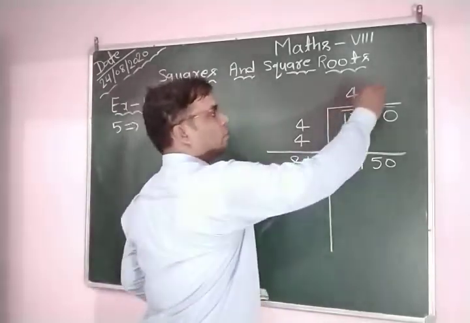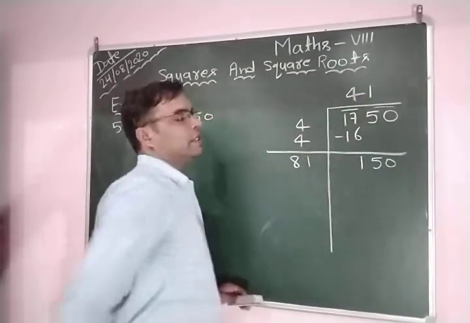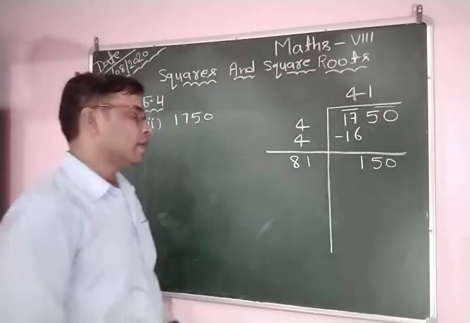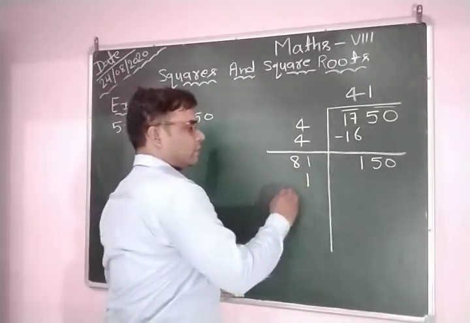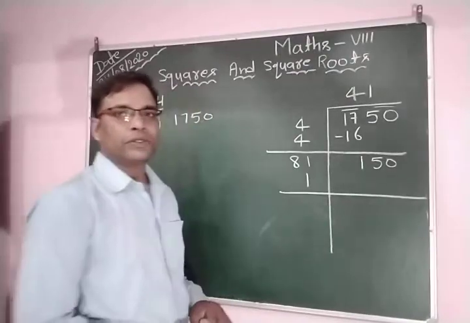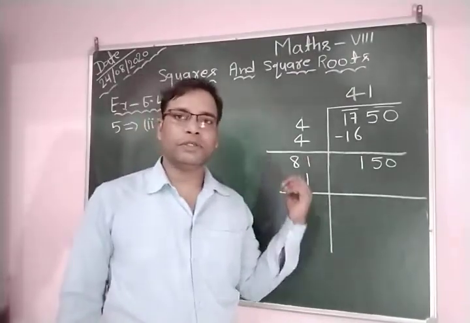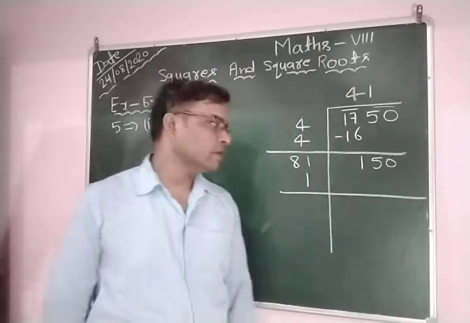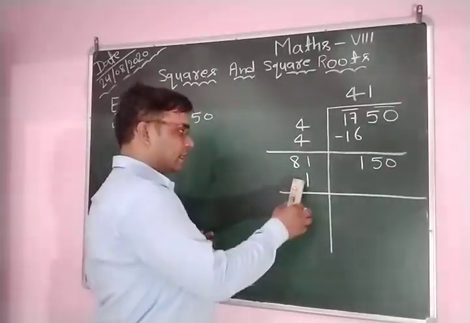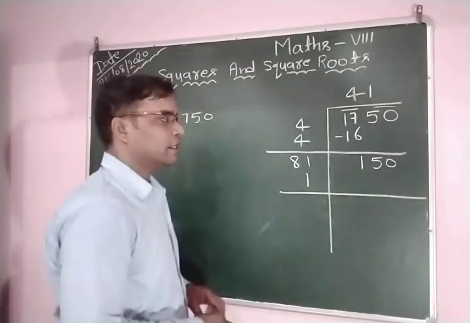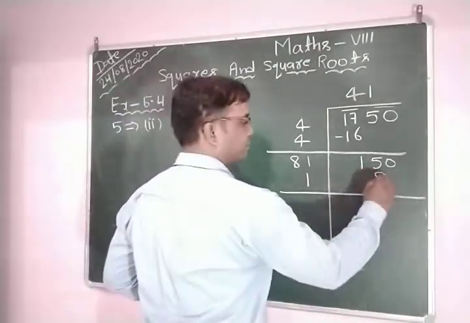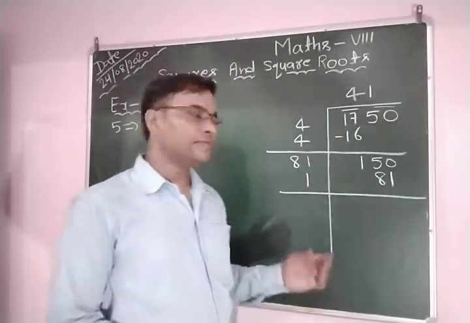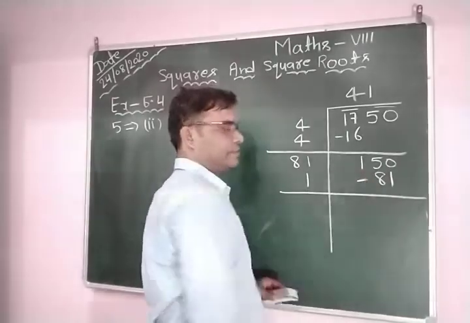Also we write 1 in the place of quotient, after the first quotient digit 4, and also we write 1 next to this divisor. Okay. So this is our new divisor 81, and this 150 is the new dividend. Now we multiply 1 by 81, so it becomes 81, and subtract them.